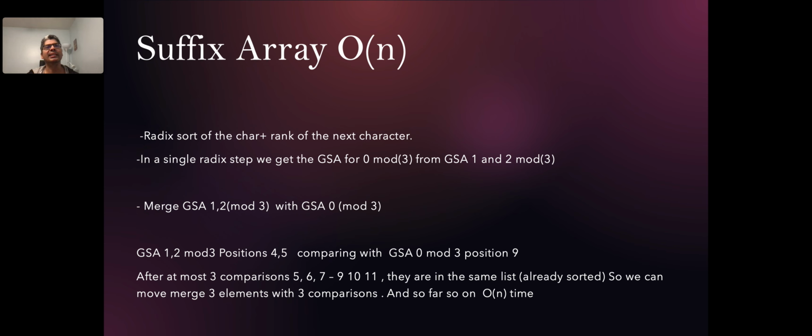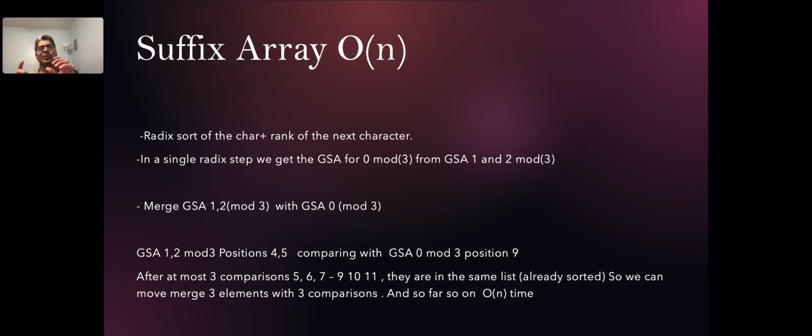As I said, if you do a radix sort of the character at the position, concatenated with the rank of the next character, the lexicographic position of the next character, it's clear to see that I already have it sorted, and I just move one character there.